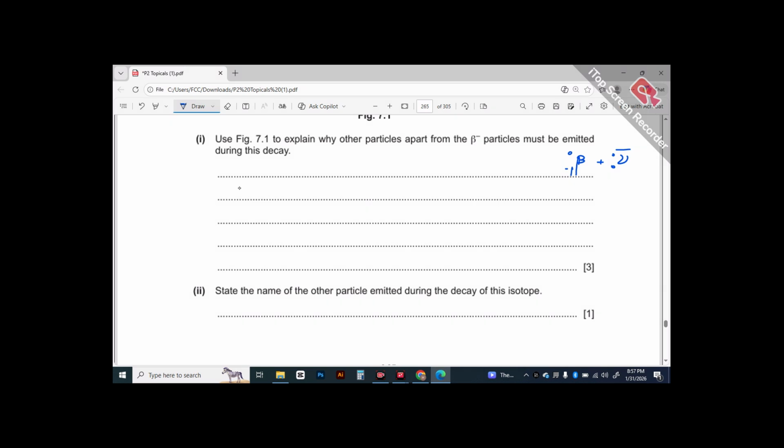So you can mention that the energy of decay is constant since beta has varying energy, and you can support it further by mentioning that the above figure shows that it has a continuous spectrum.